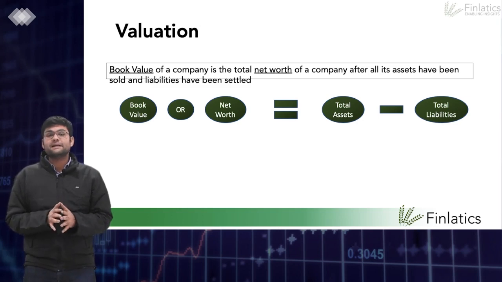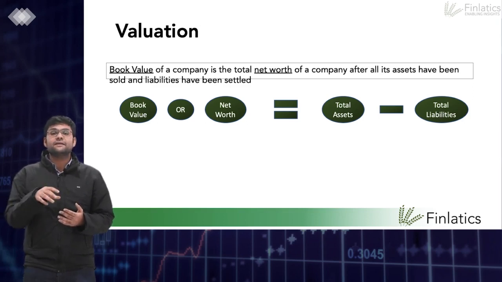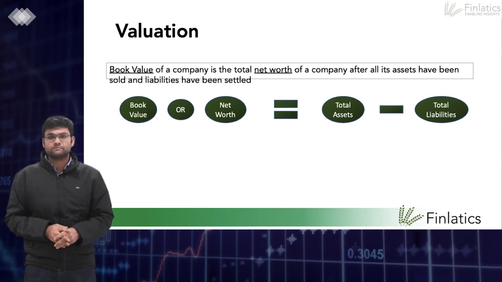Now, all companies need not actually sell these assets and settle these liabilities to get to the total net worth. In a lot of cases, it is assumed as the value of its total assets and the value of its outstanding liabilities.